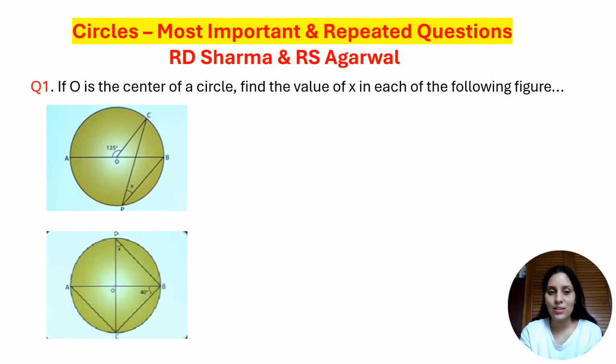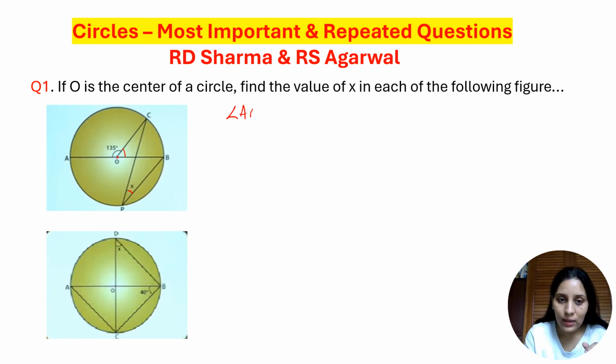Now let's get started. The first one: if O is the center of a circle, find the value of x in each of the following. O is the center, so I can find this angle easily because they are forming a linear pair.